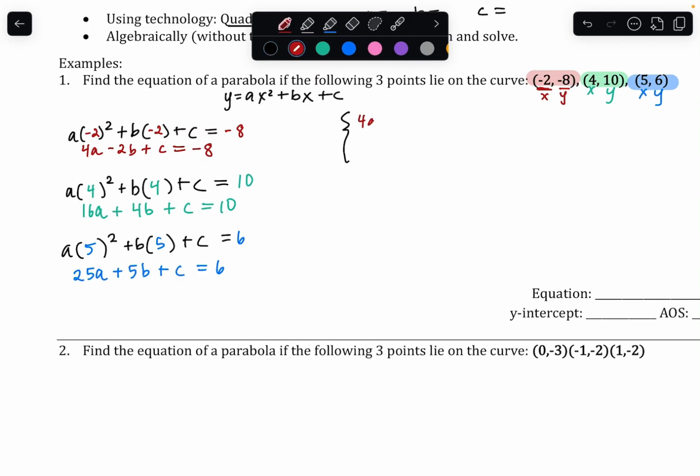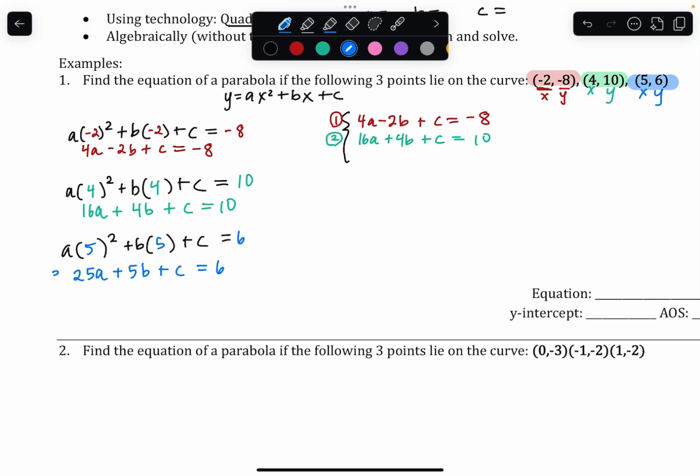The red equation, 4a minus 2b plus c equals -8, is equation 1. Equation 2 is the green equation, which is 16a plus 4b plus c equals 10.